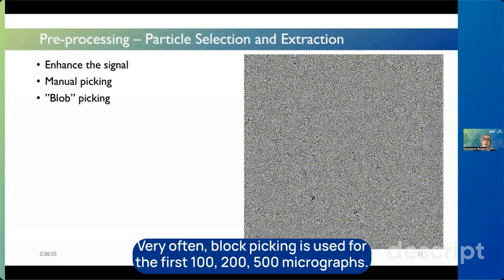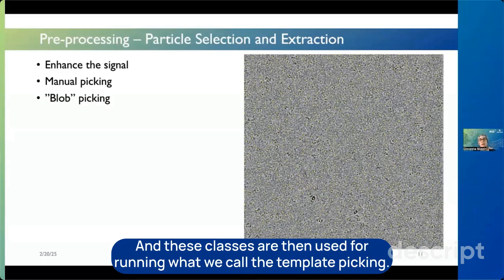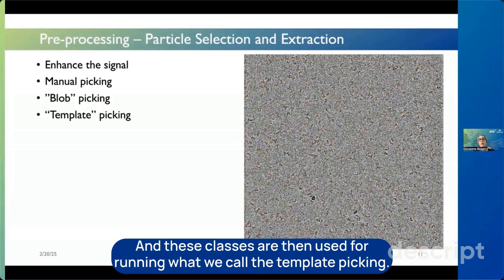Very often, blob picking is used for the first 100, 200, 500 micrographs. And then from these picks, we will calculate a set of 2D classes. And these classes are then used for running what we call template picking.